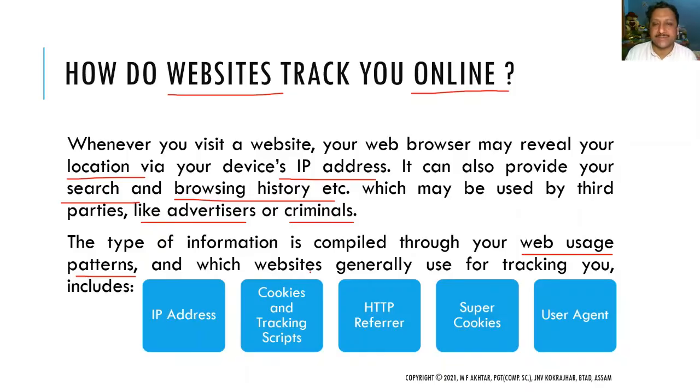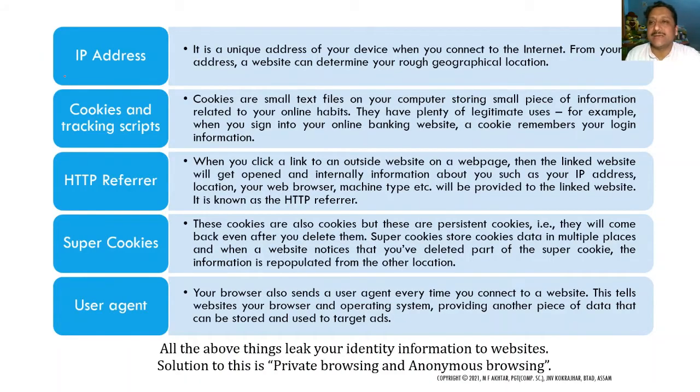Okay, see here, first the IP address. What is an IP address? It is a unique address of your device when you connect to the internet. It is a number, known as the Internet Protocol address. When you connect to the internet, a number is assigned to your computer.